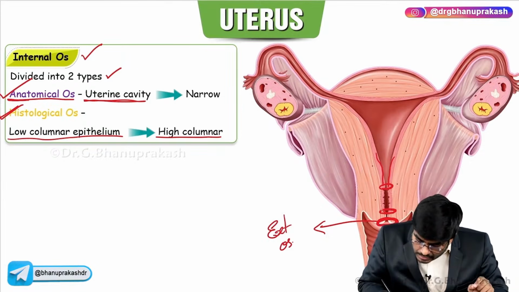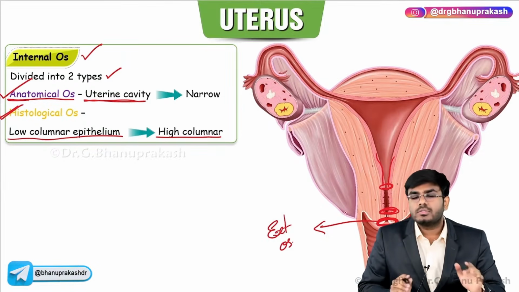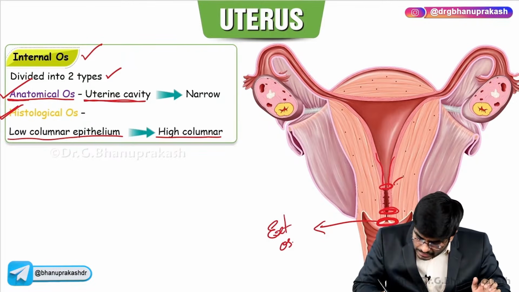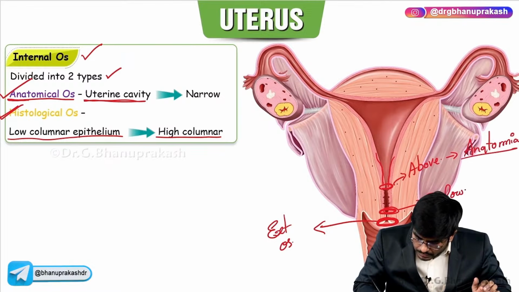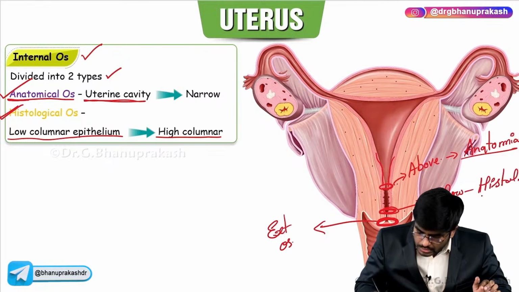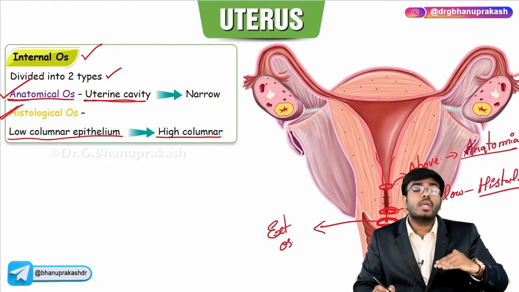So this area is known as the histological os. So it's very clear that the anatomical os is above, and the histological os is below.